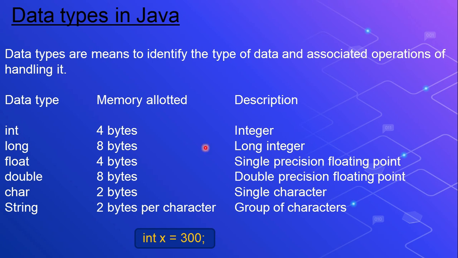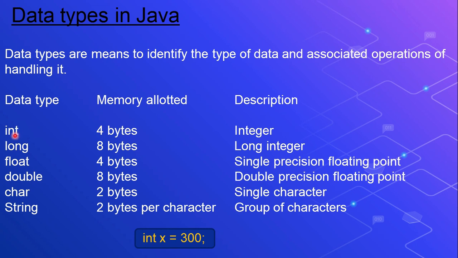Int means integer, and long means long integer. In these two categories, whole numbers can be stored. Their main difference is that int can store only 4 bytes of data, and long can store 8 bytes of data.